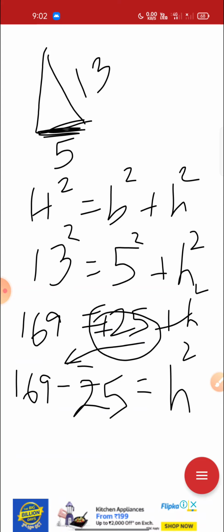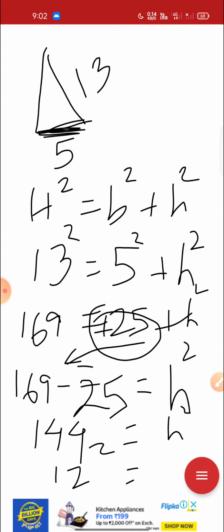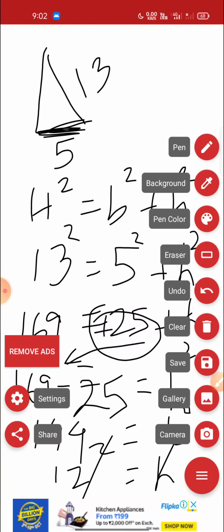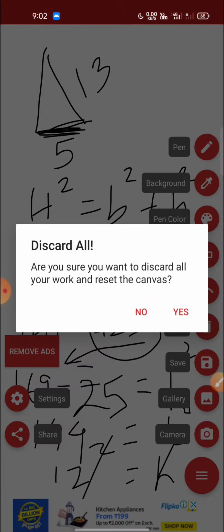And so 169 minus 25 is equal to 144 is equal to h square. So 144 is 12 square. H square, so you cut square, therefore h is equal to 12.